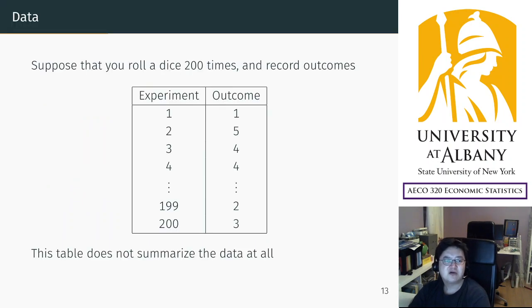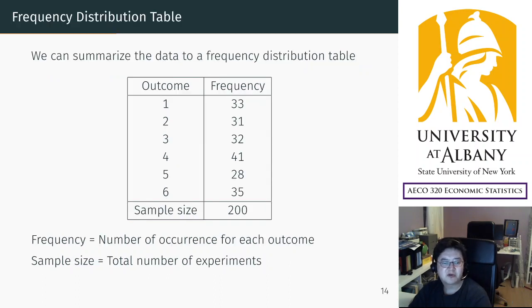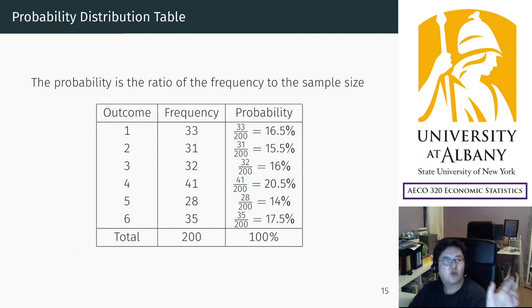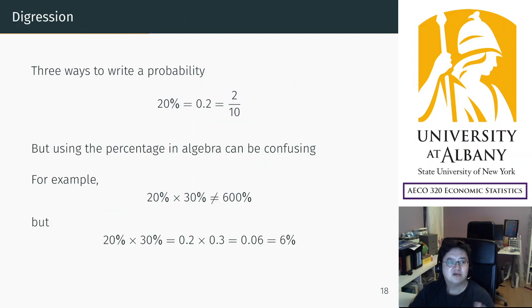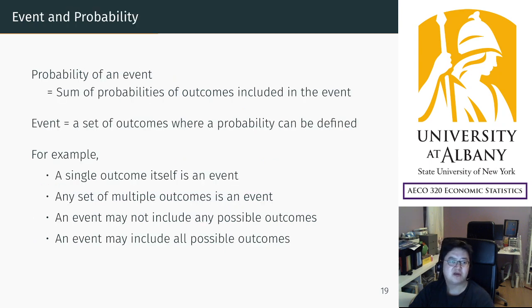And if you look at the data, it's just a bunch of numbers, and we need to summarize them. One way to do that is the probability distribution table. So you know how to calculate the probability. It is easy. It is the ratio between the frequency and the sample size. And calculating probability is not a big deal.